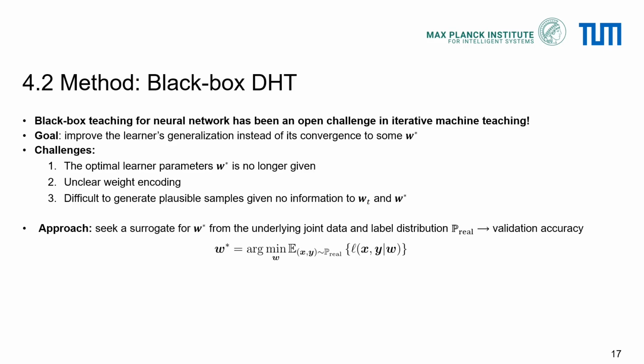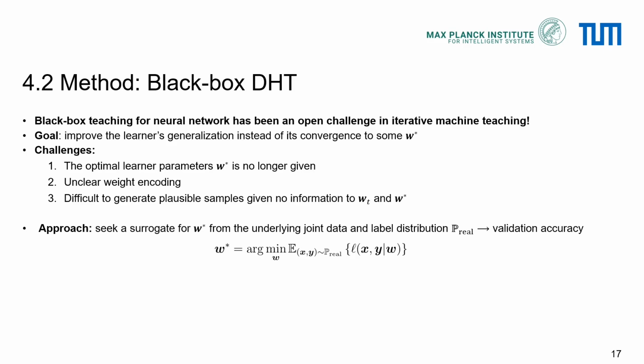For example, without this very strong signal W star, it is very difficult. It's also very unclear how to really encode very deep neural networks to some kind of embeddings to decode the data. It's also very difficult to generate plausible samples.